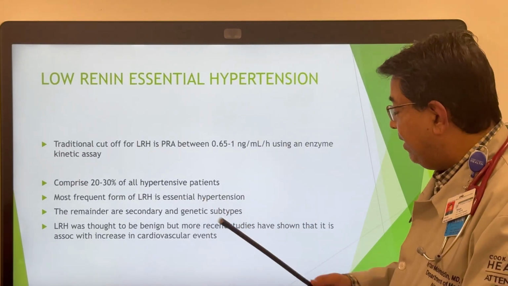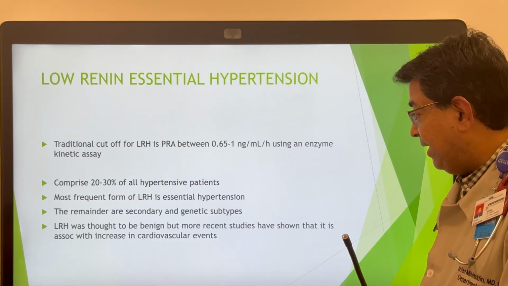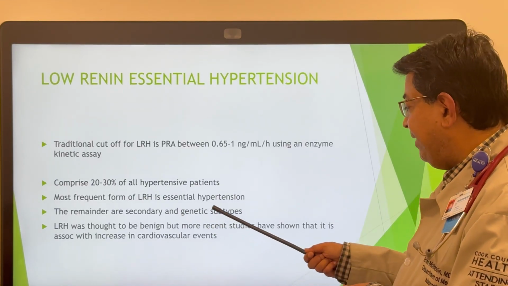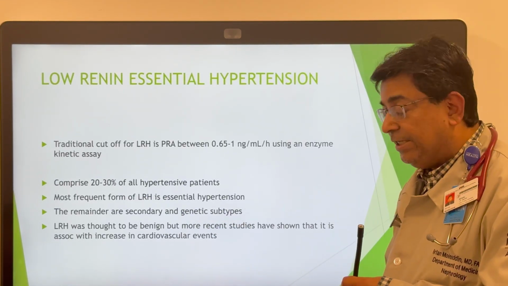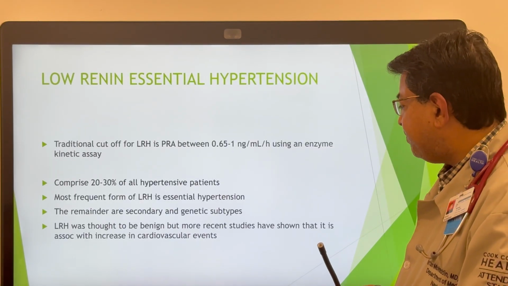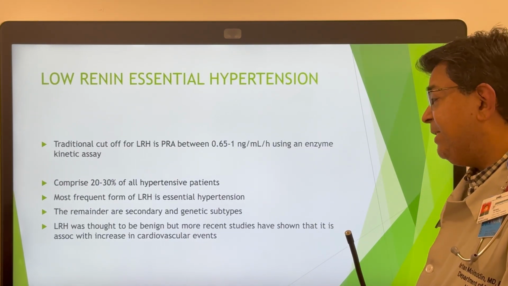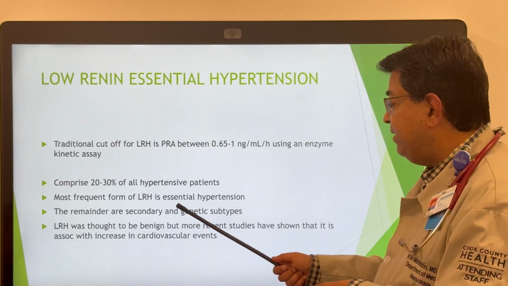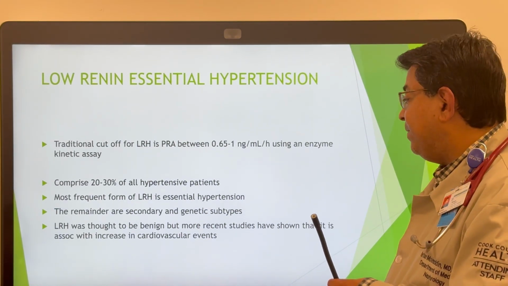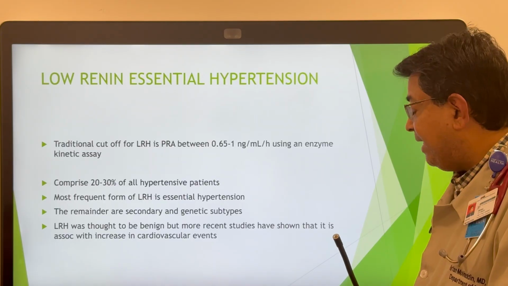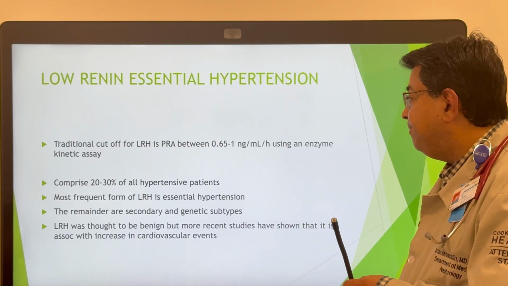The most frequent form of low renin hypertension is essential hypertension. The remainder are secondary and genetic subtypes, which I will not discuss here. And in the distant past, low renin hypertension was thought to be benign, but of course it does increase cardiovascular risk. Next slide.